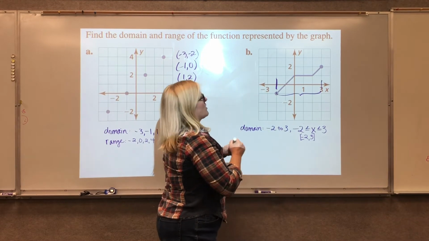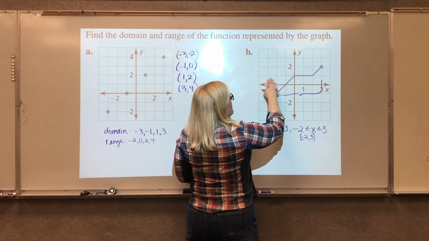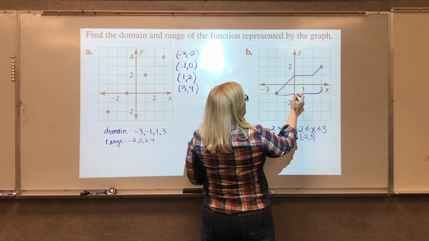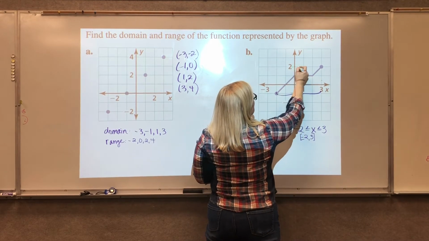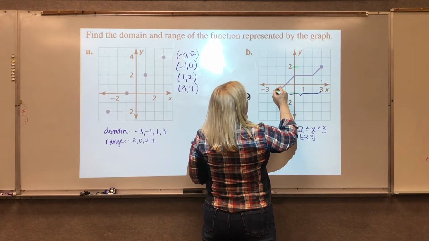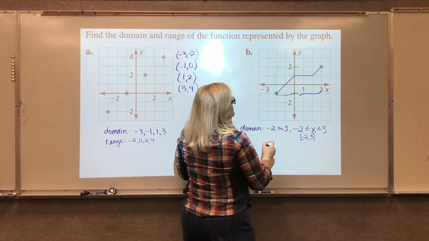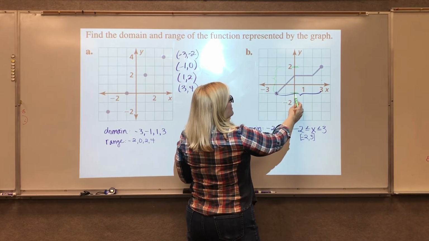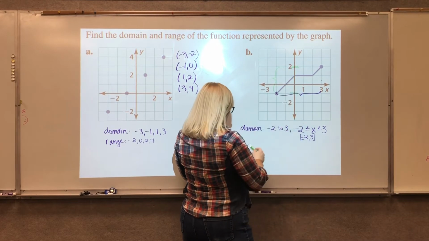Hopefully you can see this marker. Okay, for my y values, I'm going from here to here. So I've got this part. I am going from negative 1 to 2.